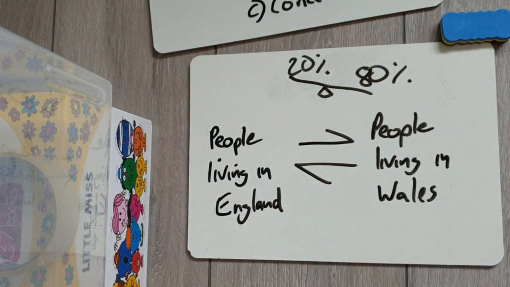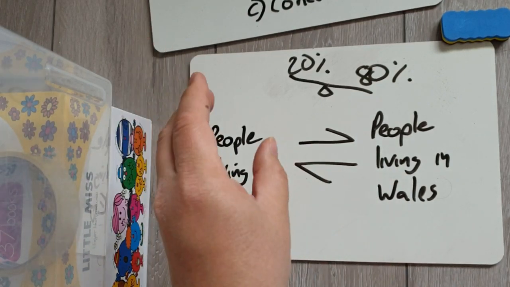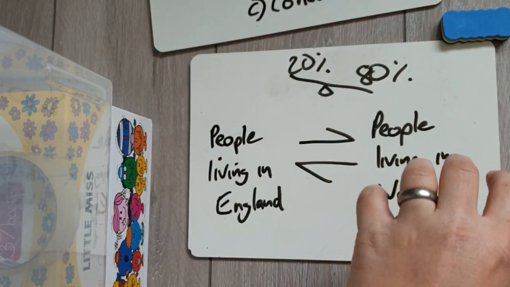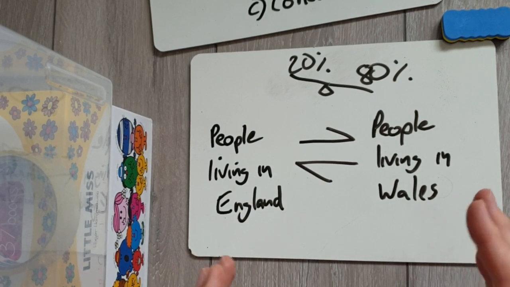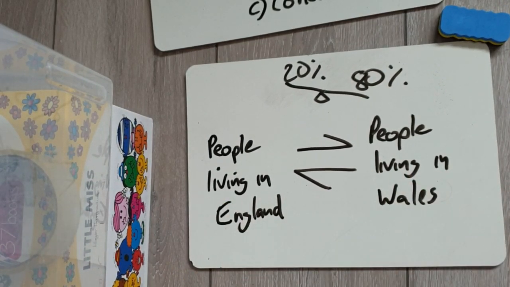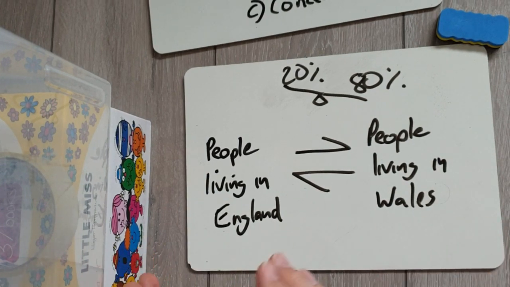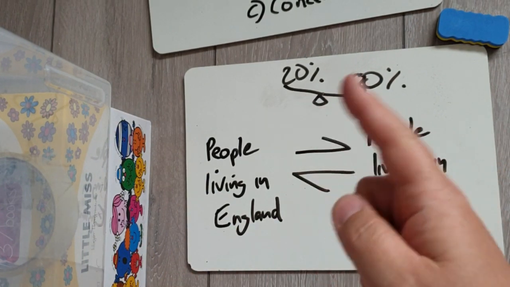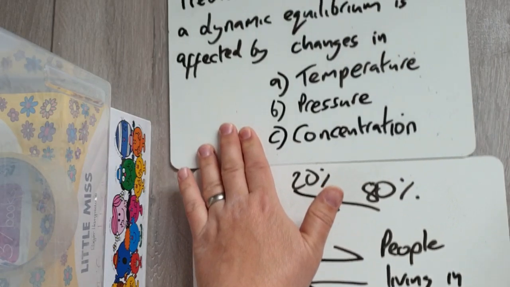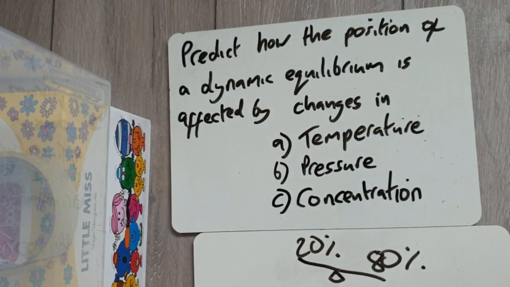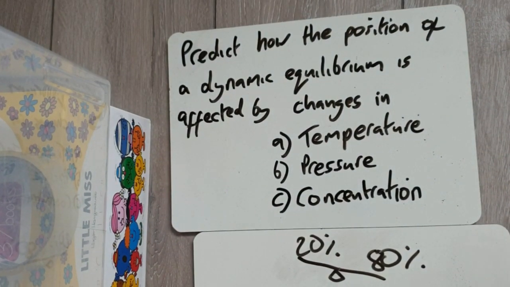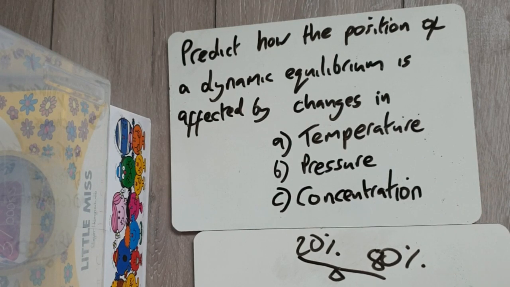So that's what the position of an equilibrium is: what percentage is on each side. If you change the conditions of something, you can change the balance, change the position of the seesaw. And you need to know how the position of a dynamic equilibrium is changed by temperature, pressure, and concentration.